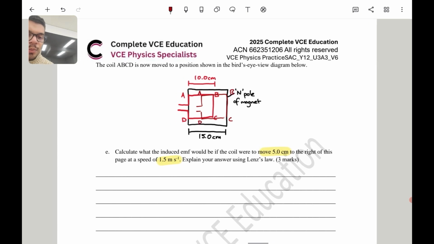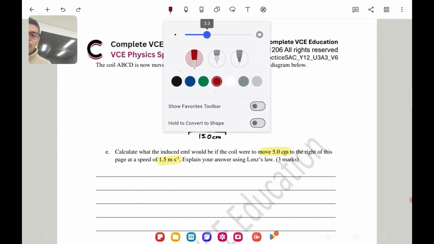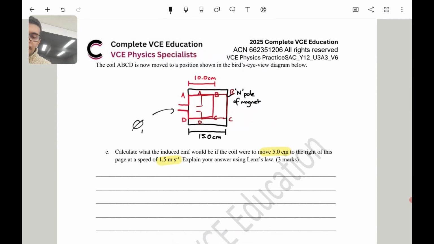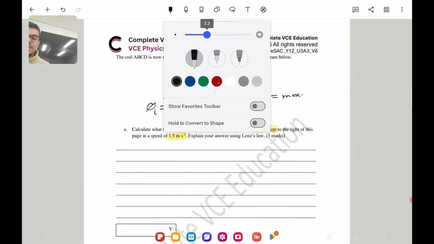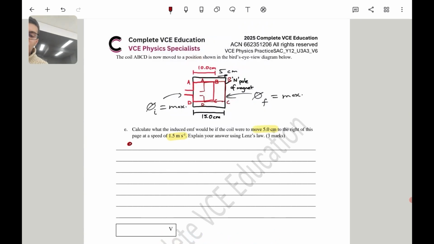Side BC is going to be just about to escape the magnetic field, but not quite. So we know that the magnetic flux initially is going to be a maximum. And we know the magnetic flux after the 5 centimeter traversal is also going to be maximum as well. So there is no change in flux. And if there's no change in flux, then there is no induced EMF according to Faraday's law and Lenz's law. So Faraday's law is just part of Lenz's law, okay?